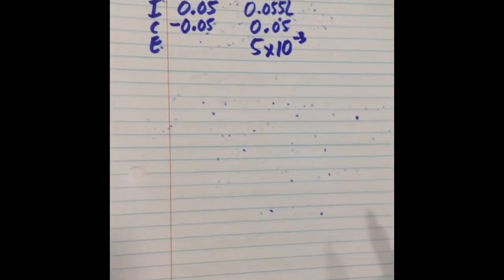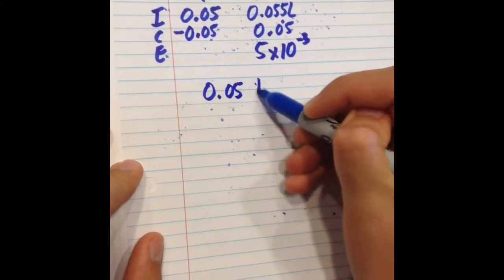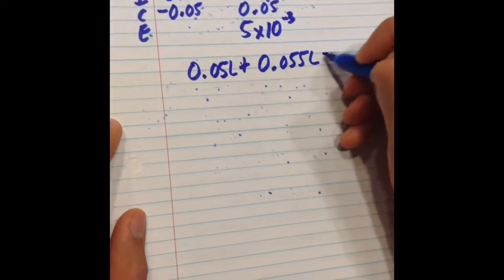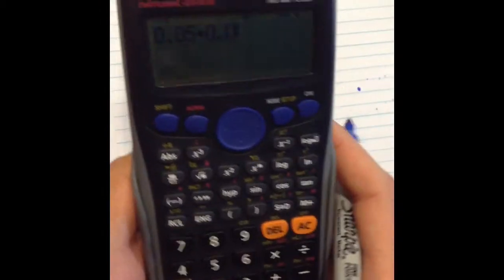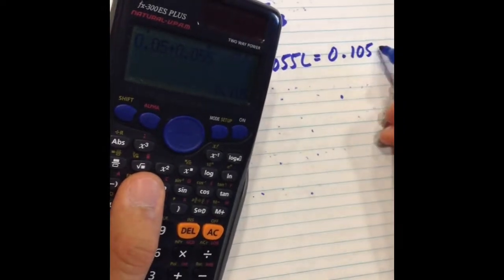Now we have to figure out the final volume of the solution again. We take 0.05 plus 0.055 liters, and we get 0.105 liters.